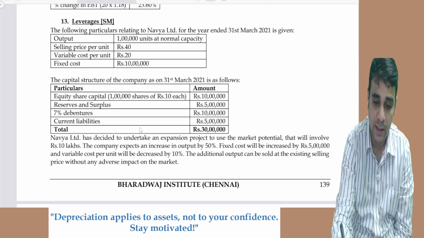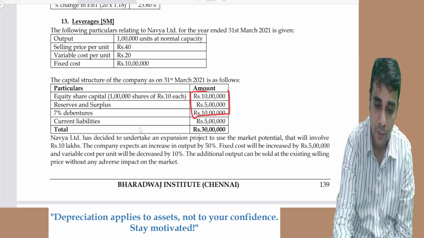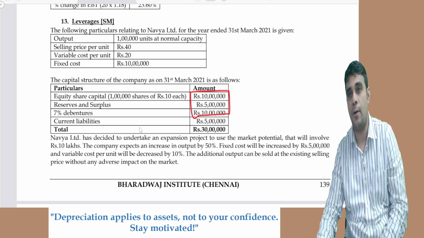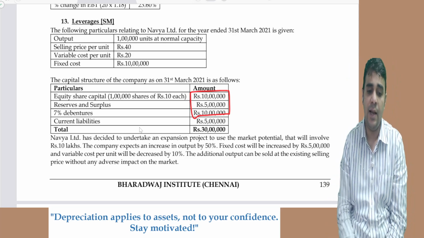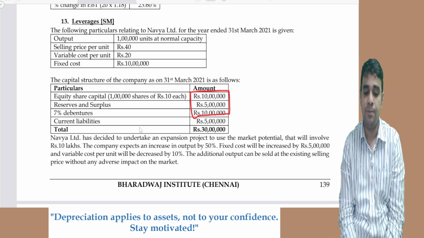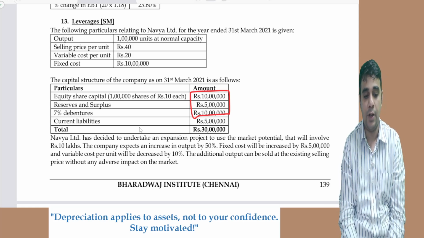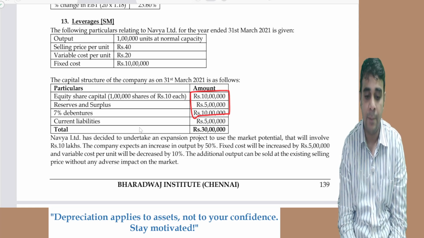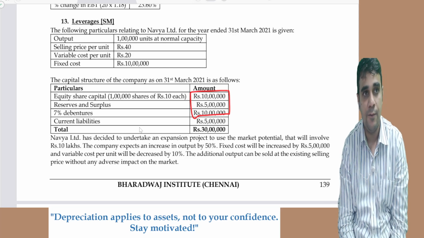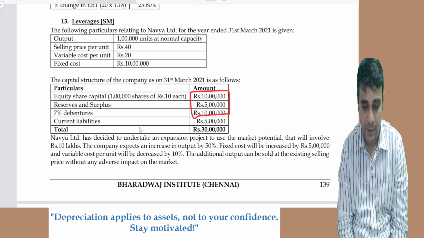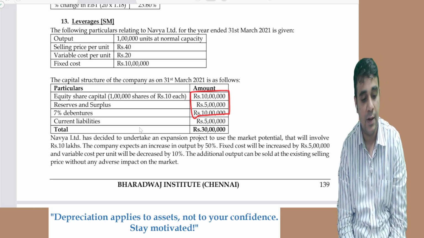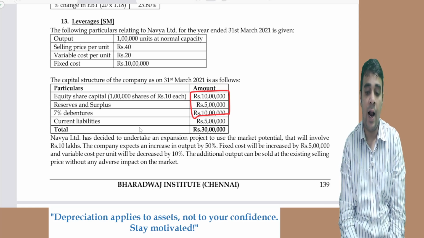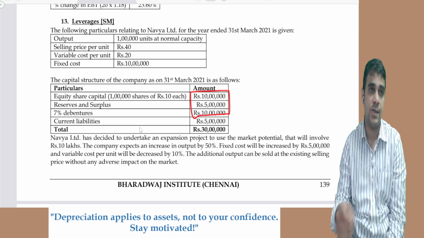In that, the capital is only 25 lakh; current liability does not form part of capital employed. Navya Limited has decided to undertake an expansion to use the market potential that will involve 10 lakh rupees. The company expects an increase in output by 50%. So 1 lakh will go up by 50%. Fixed cost will also increase. Variable cost will decrease. Additional output can be sold at the existing selling price.